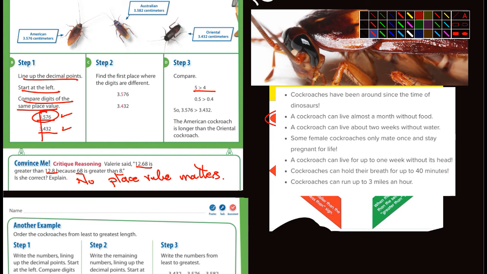I think we can go about 3 days without water. And some female cockroaches mate only once and stay pregnant for life. Holy cow. A cockroach can live up to 1 week without its head. Can you imagine that? A week without its head. In fact, when they finally die, the reason is from lack of water, because they can't drink any water.